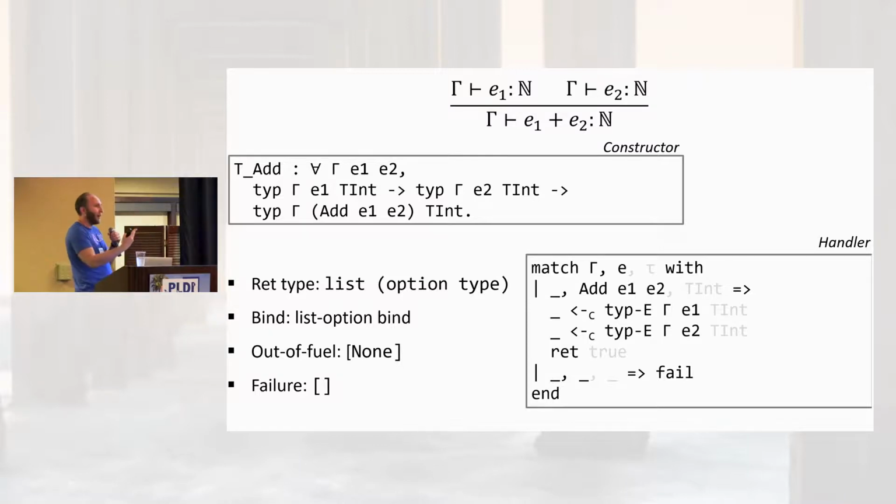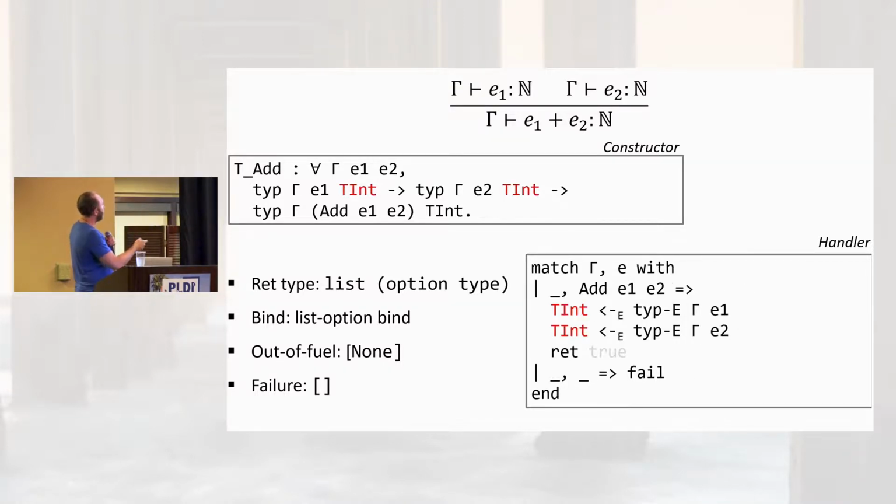And there are two ways of failing, and we can simply denote those as list of none and empty list for enumeration. And now, all we need to do is follow again the structure of the inductive, and make sure that the result of enumerating E1 is the thing that is expected by the shape of the T-add constructor.